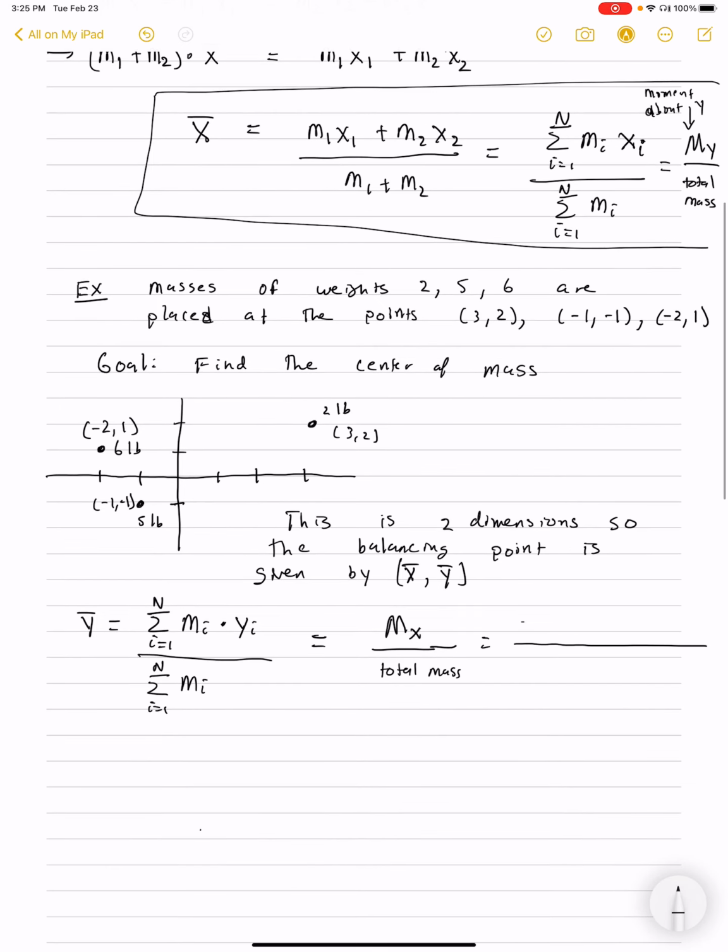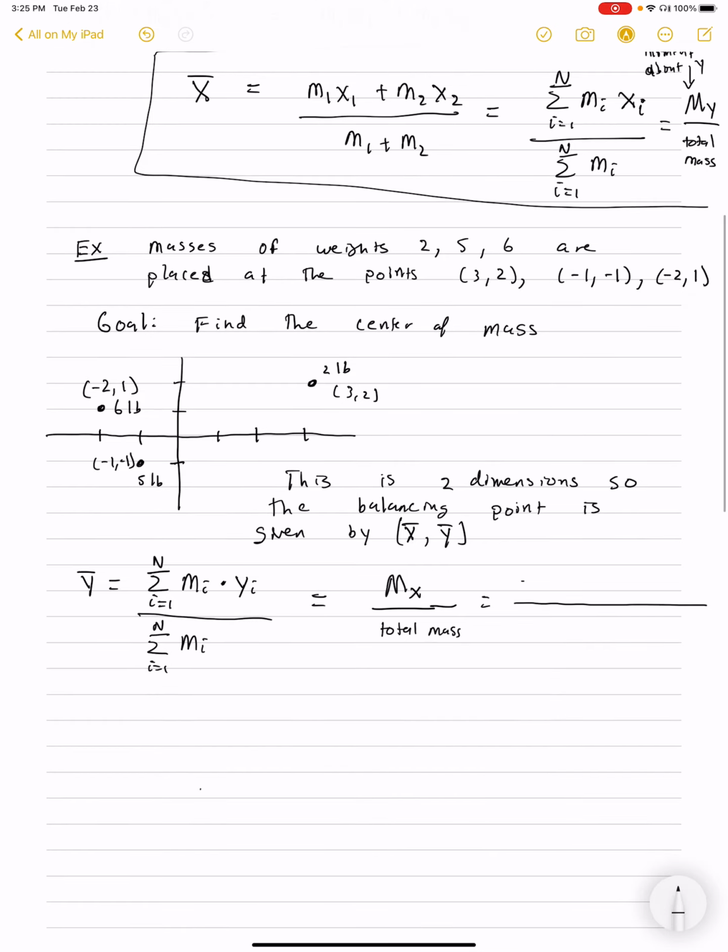But I want us to consider this example where we have masses of weights 2, 5, and 6, and they're placed at the points (3, 2), (-1, 1), and (-2, 1). I've drawn them here on this graph for us. Now notice this is not one dimension, but two dimensions. So the balancing point is given by x bar, y bar.